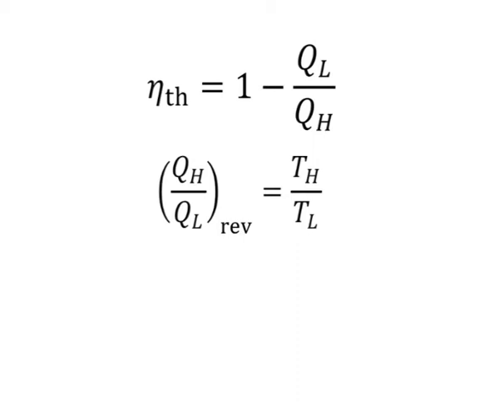Then the efficiency of a Carnot engine or any reversible heat engine becomes eta_th,rev = 1 - TL/TH. This relation is often referred to as the Carnot efficiency, since the Carnot heat engine is the best known reversible engine.